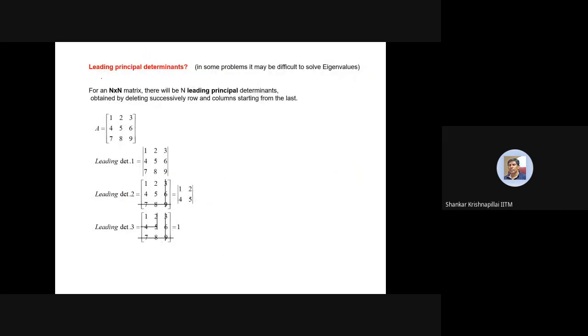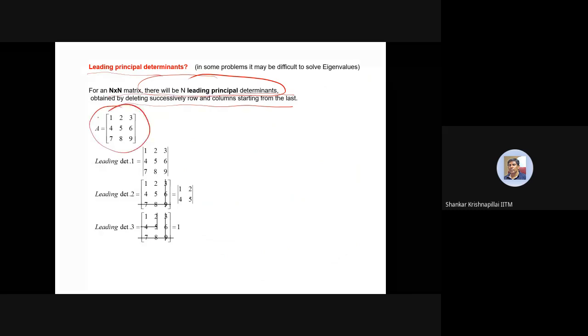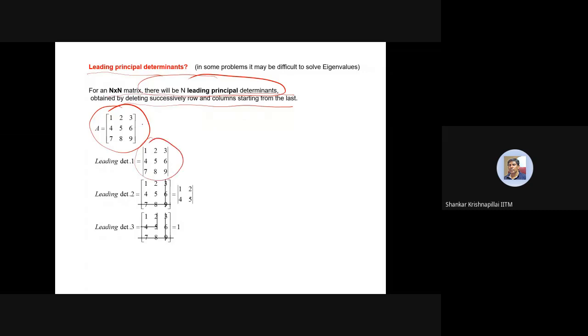So for an n by n matrix, there will be n leading principal determinants, which are obtained by deleting successively the row and column starting from the last. So this is our matrix. The first leading determinant is this; whatever elements you see here is the first leading determinant.